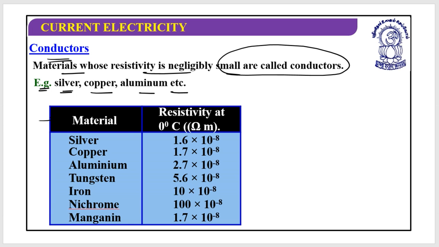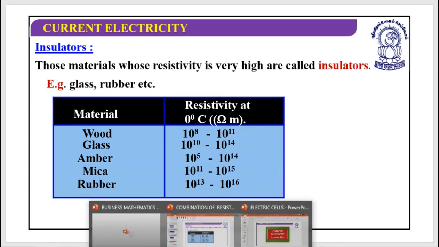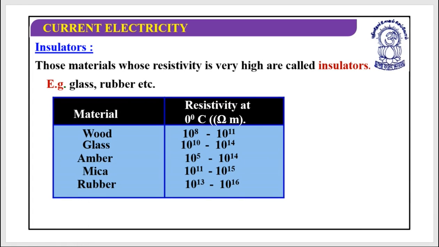The second materials are the insulators. Insulators are materials whose resistivity is very high, and that's why they are called insulators. For your reference, here are some materials that can be classified as insulators, and their resistivity has been shown.